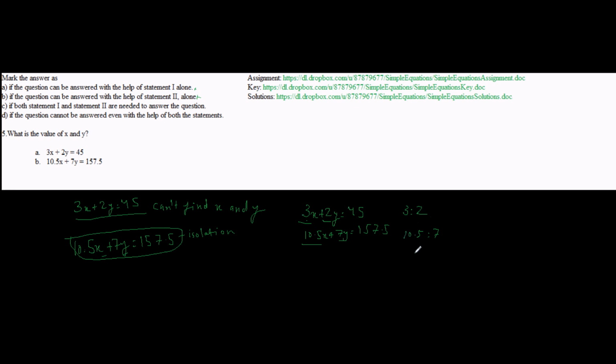Let's check. 10.5 is to 7 is 10.5 upon 7. Let's see if there is anything common. Dividing 105 by 7, I get 15. Why? Because 7 ones are 7, 7 fives are 35, so this is 1, 5.